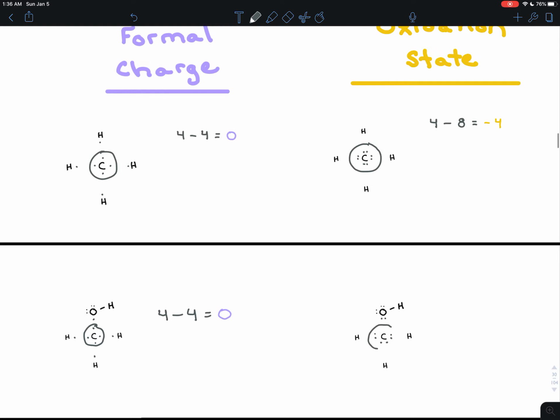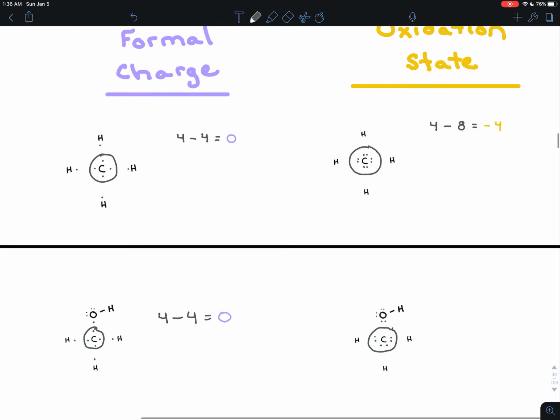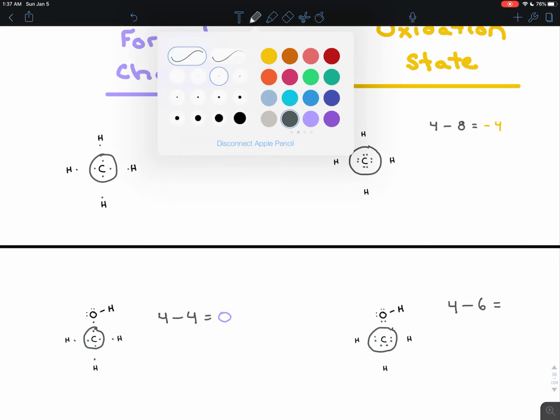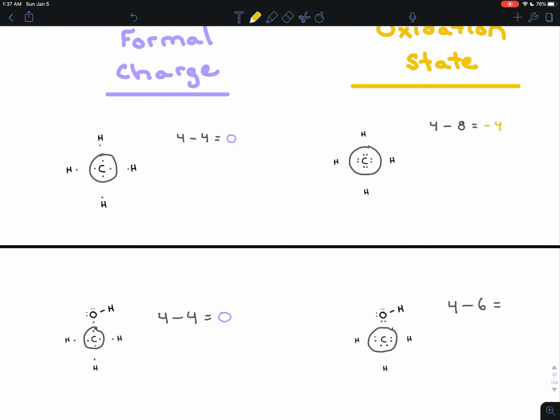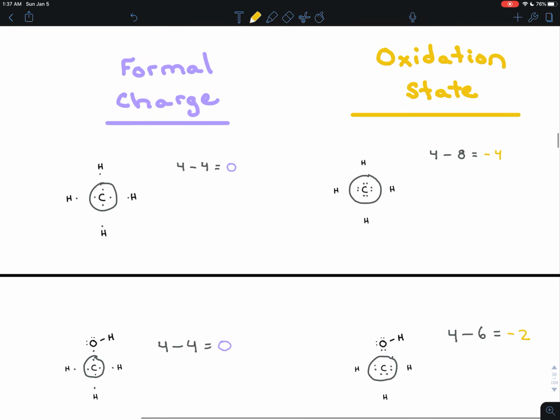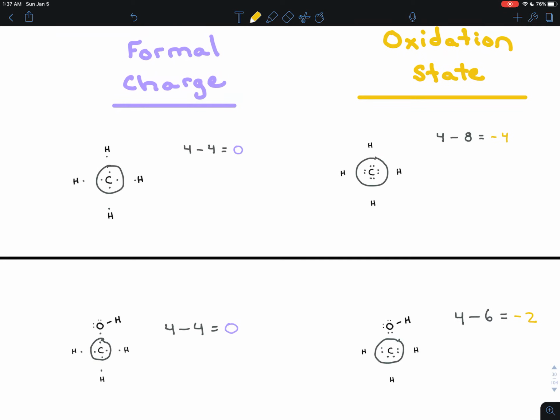So now if we look at the carbon and think about the oxidation state, we'll take the number of electrons normally around carbon, that's 4, and we'll subtract the number of electrons around it here, which is 6. And that gives us -2. So there's a -2 oxidation state on the carbon there.